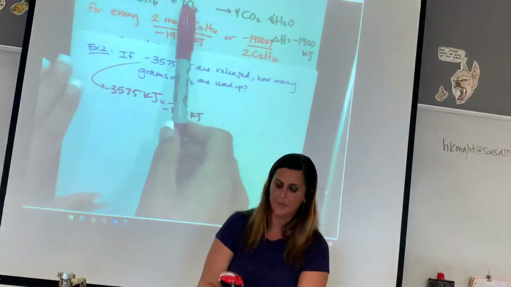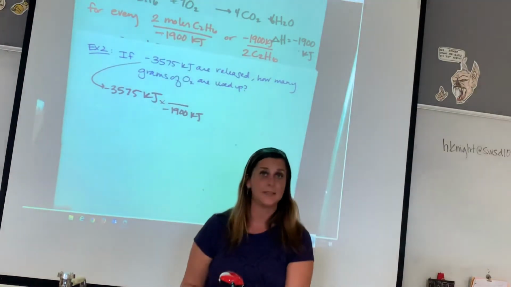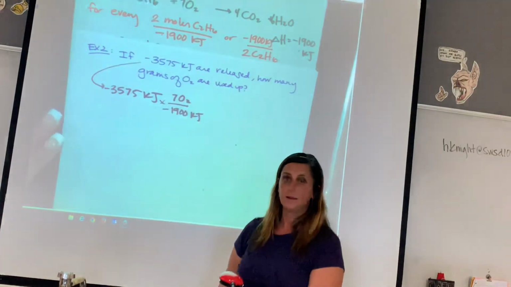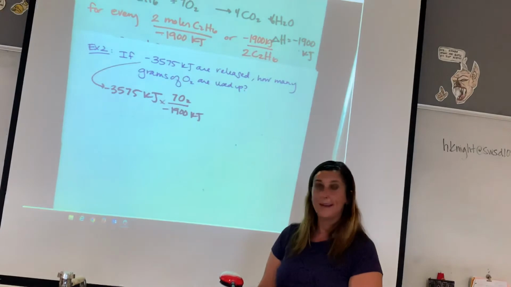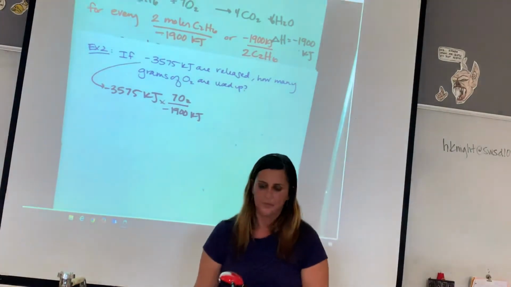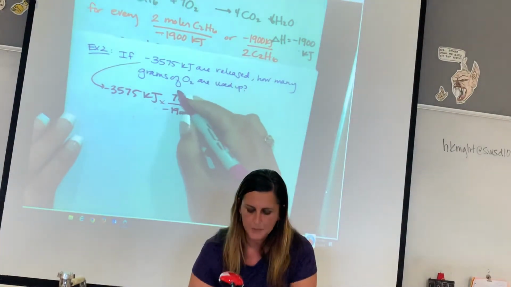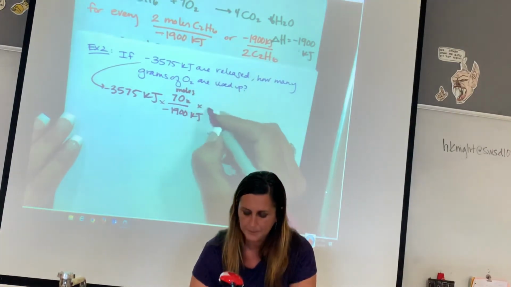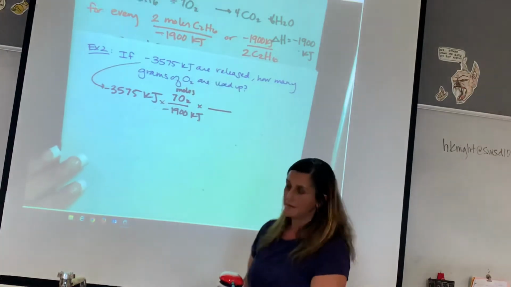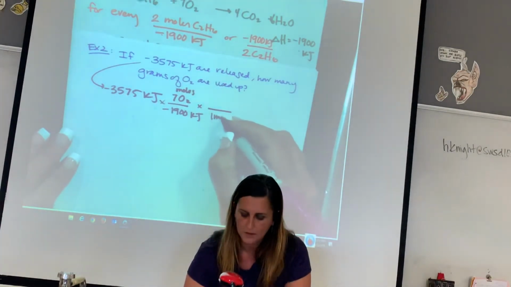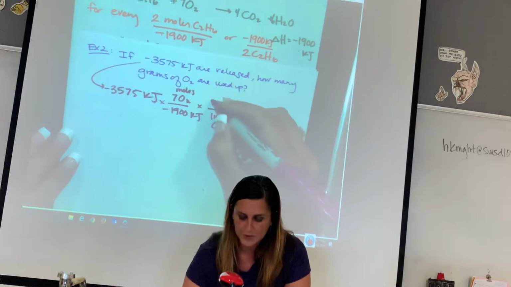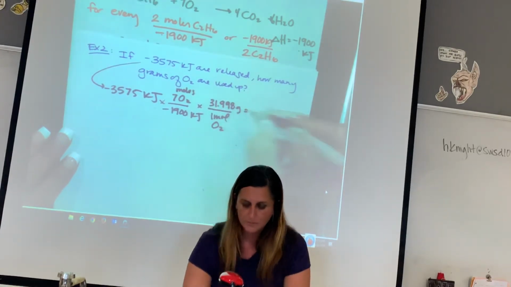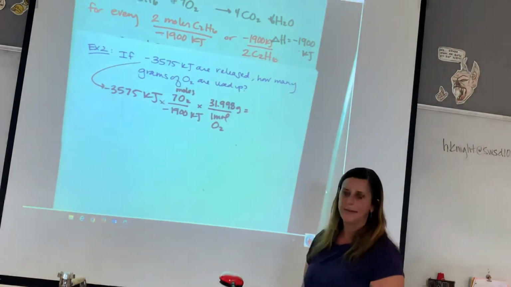So we're going to look back up at our balanced chemical equation and see that there are 7 O2s for every negative 1900 kilojoules. And that is representing moles. So maybe make a note to yourself that that's moles. And then we can take 1 mole of O2 and transfer it into grams using the molar mass of O2, and that's 31.998.